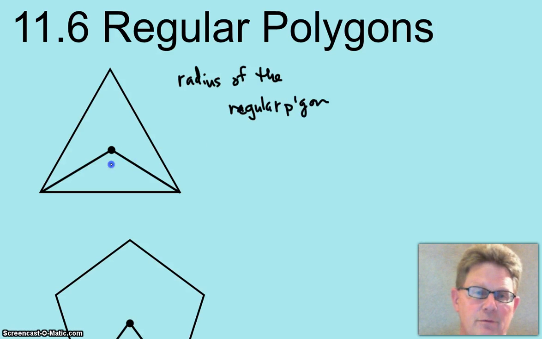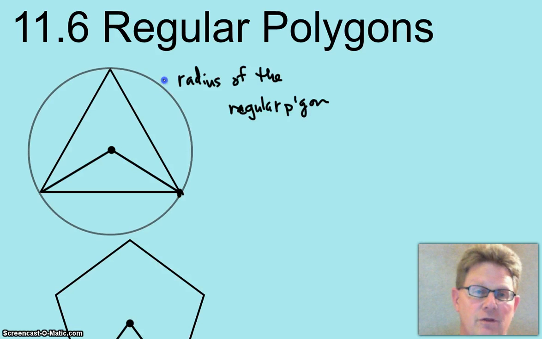It's drawn from the center of the polygon to a vertex. But hold on a minute, how could that be a center of the regular polygon? Well, actually, it is the center of the circle that circumscribes the regular polygon, and that's why it's a radius. Okay.